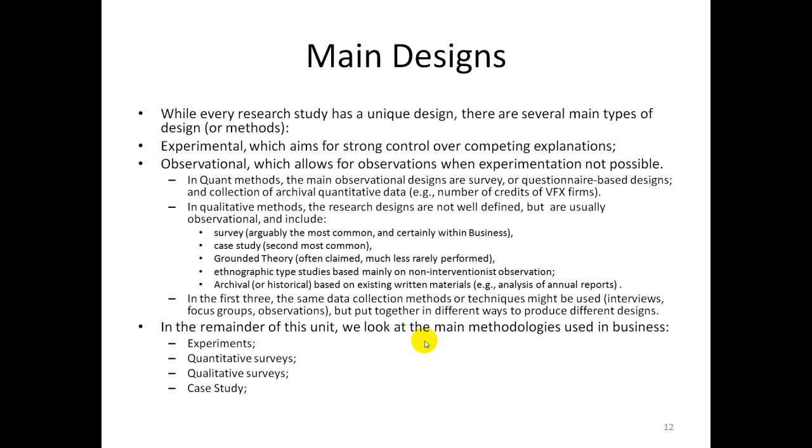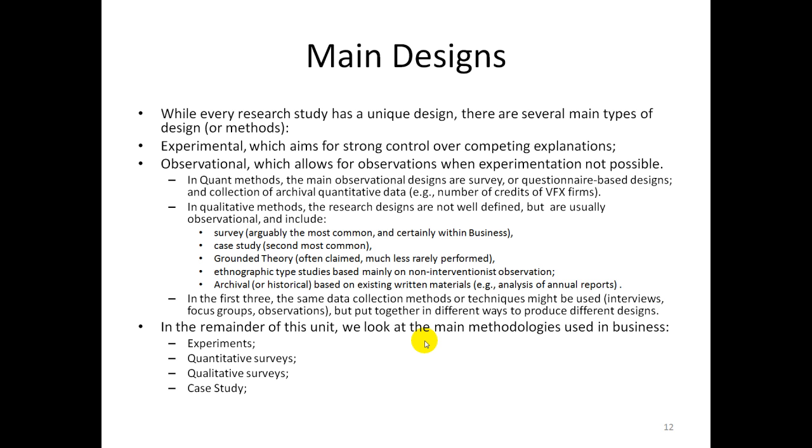In quantitative methods, the main observational designs are survey designs or questionnaire-based designs and the collection of archival quantitative data. For example, you might collect the number of credits that visual effects firms have. How many films have they worked on? In qualitative methods, the research designs are not well defined, but are usually observational and include survey, arguably the most common and certainly within business, and by survey I mean interviewing participants or using focus groups, for example.